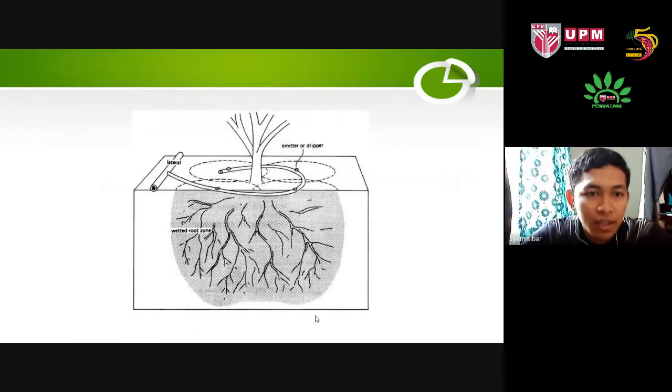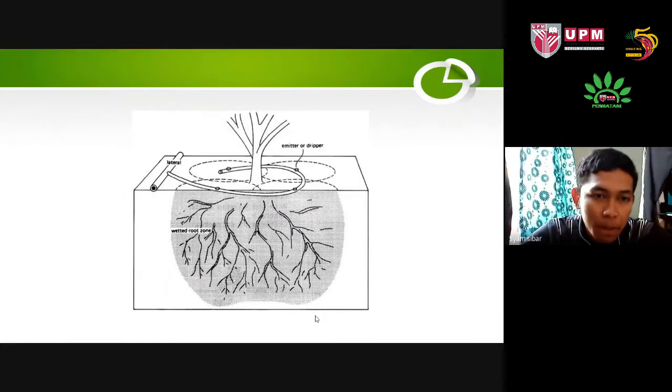As you can see in the figure, the wetted root zone when you use drip irrigation system, from the lateral pipe it will be connected with the emitter or a dripper, and it will irrigate the root zone of the crops. So let's go to the next slide.